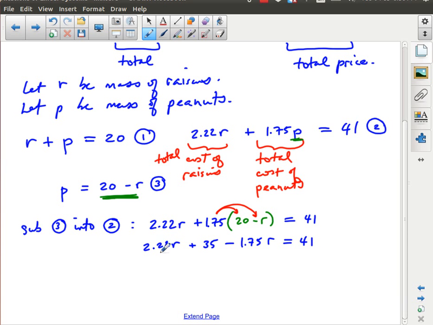Now I'm going to simplify. I'm going to combine my two R terms together. 2.22 minus 1.75 is 0.22 plus 0.25 is 0.47.